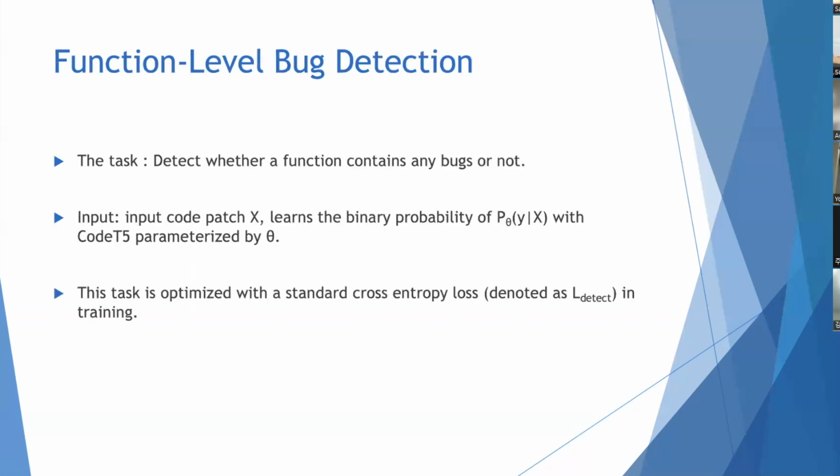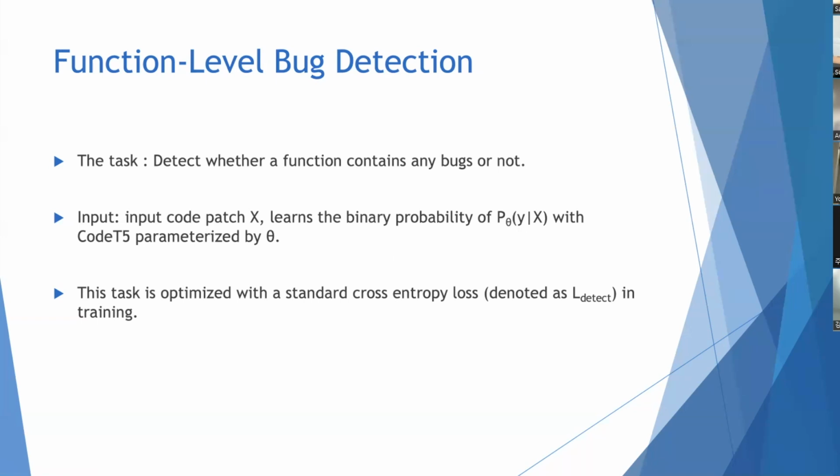So moving to the first one, that is function-level bug detection. The task is to detect whether a function is buggy or not. If it's buggy, then it returns 1, and if it's not buggy, then it returns 0, using a binary label. The input is the input code x. Then it learns the binary probability p_theta of y given x. Here y is the function-level binary label.